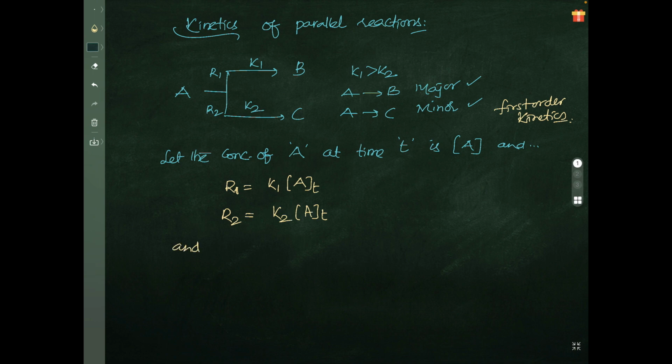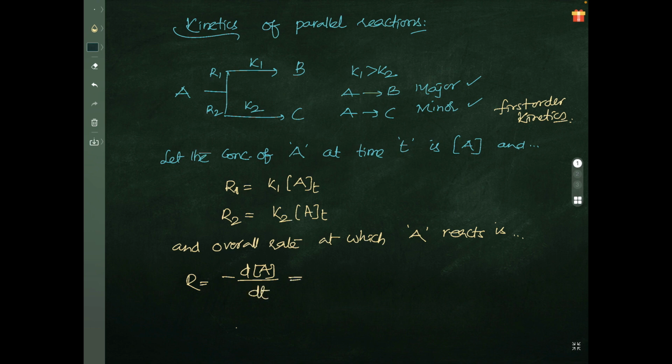And the overall rate at which A reacts, A is our reactant, is given as R equals minus dA by dt. This is very well known to us, which equals R1 plus R2.